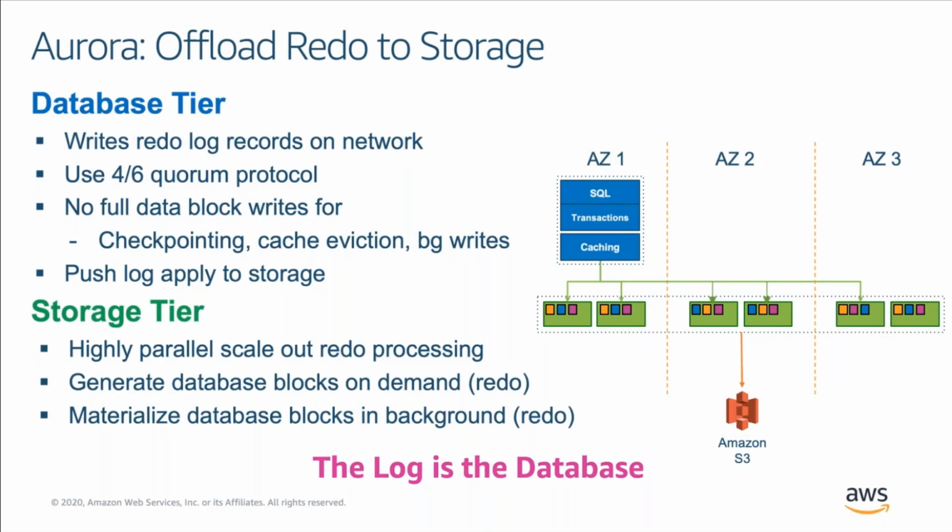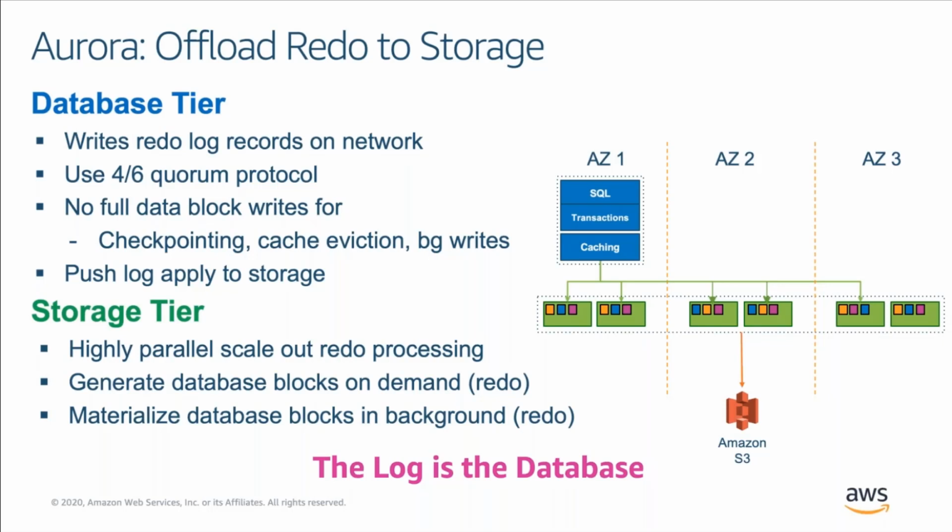Instead, the log application, which we've had in databases for 40 years, has instead been moved to the storage system. The storage system itself is a highly parallel scale-out service in which we're able to parallelize and scale out the log application process. Again, that same log application which used to live in the database tier is now distributed and scaled out in the storage service itself.